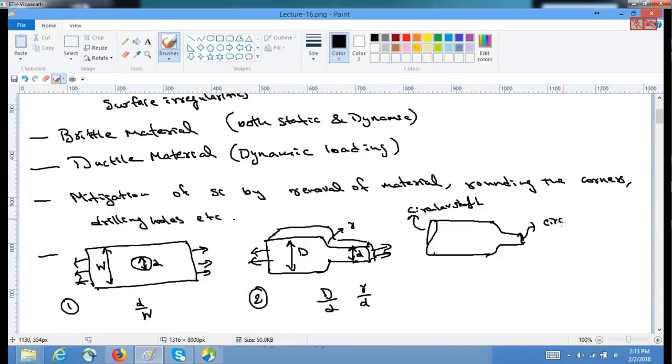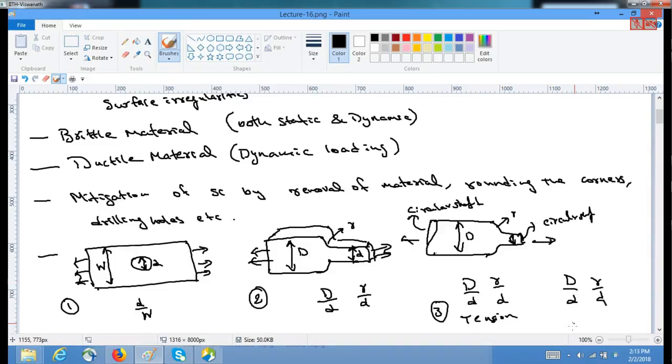We showed that depending upon capital D by small d and a root radius r, that is D by d and r over d, this is for tension, and D by d, r over d with bending M was another consideration we have given.